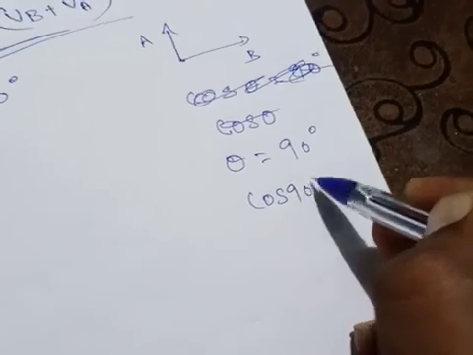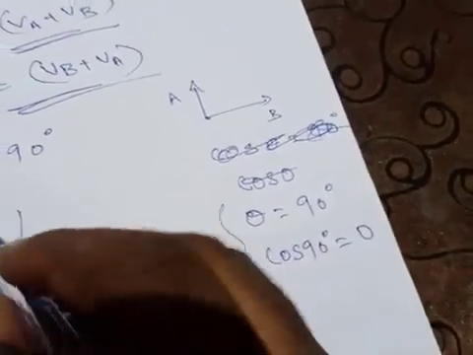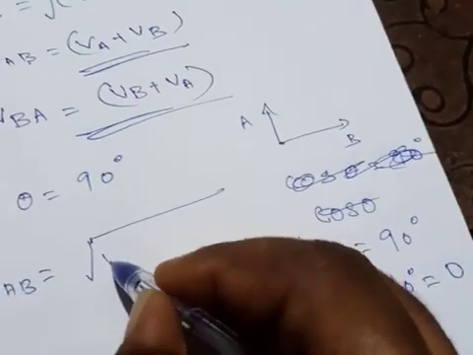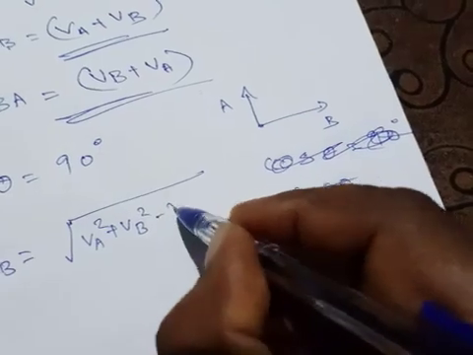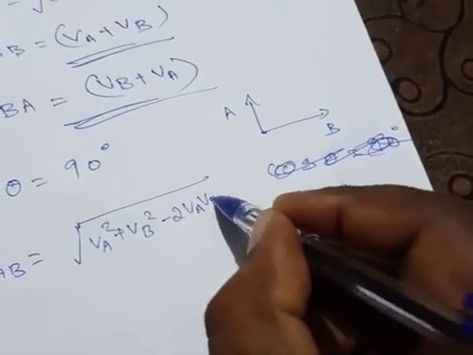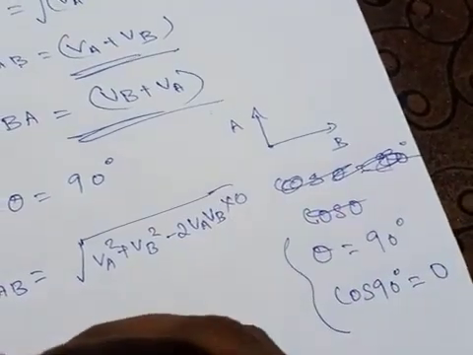Cos 90 degree is equal to what will come? 0. So in the formula, VA square plus VB square minus 2VA VB into 0, this whole term becomes 0.